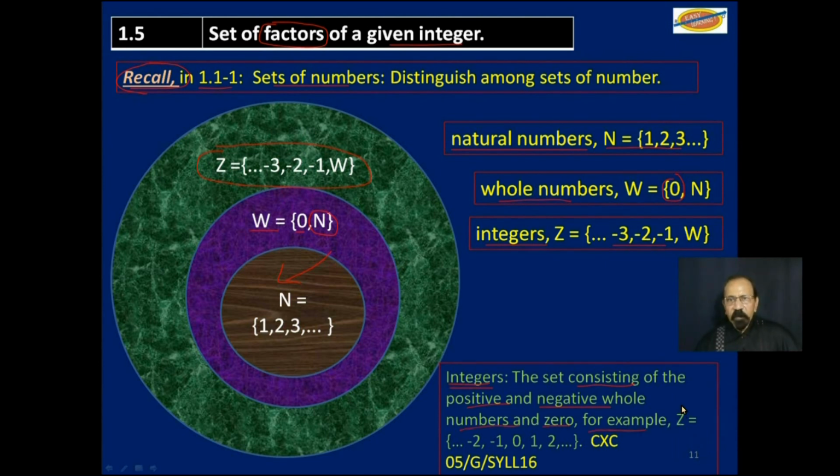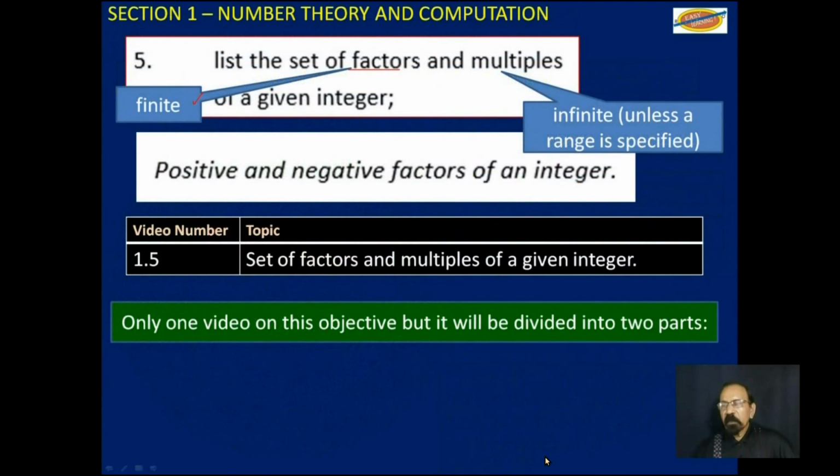And it is given the symbol Z, which would be -2, -1, 0, 1, 2, and so on. And that is from your syllabus. So as we said, factors are finite, limited, whereas multiples are infinite unless a range is specified.